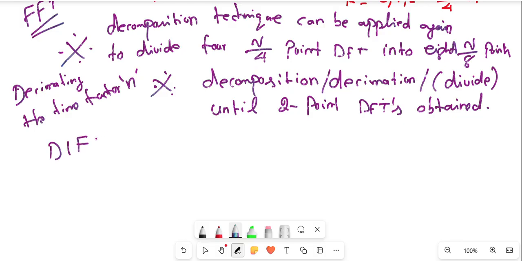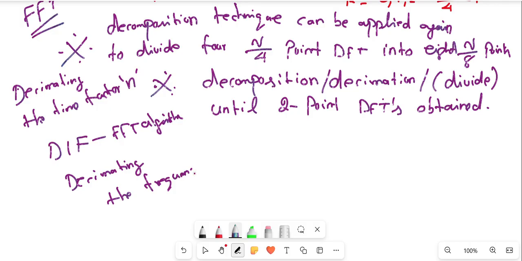In the DIT FFT algorithm you are decimating the time term n, and in DIF you are decimating the frequency term k.